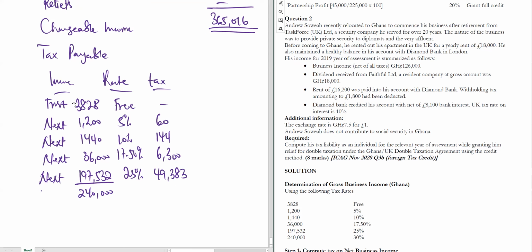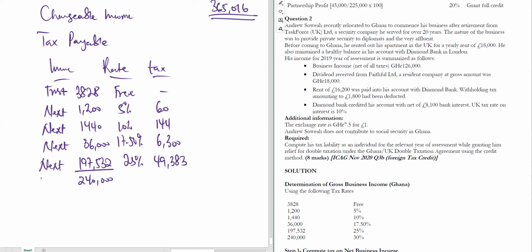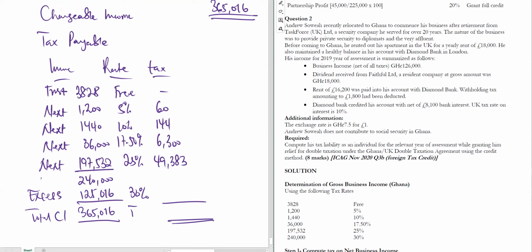Okay, we compare it to the 365,016. So total income is 365,016. That means the excess is how much? 125,016. This will be taxed at 30%. This is 37,504.8.